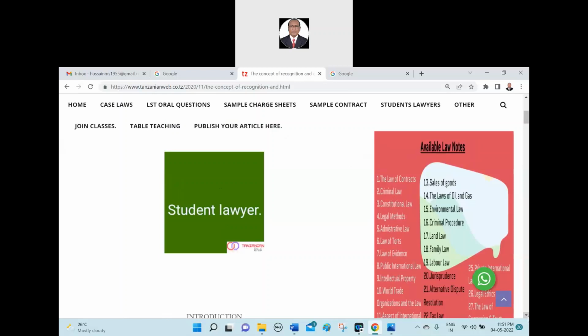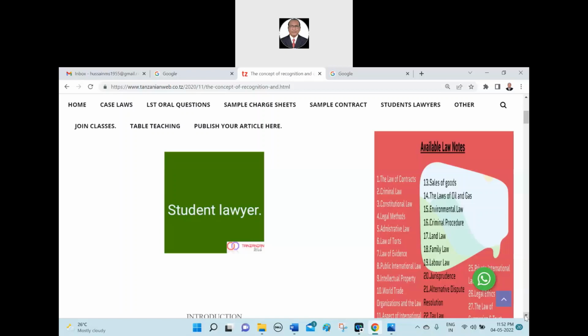Suppose it's Tanzania. What is the foreign law to the Tanzanian? Kenyan law. The law which is other than the Tanzanian law is a foreign law. For instance, Kenyan law, Ugandan law, Indian law, English law, American law.